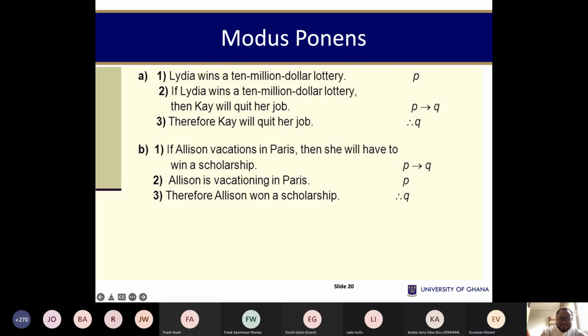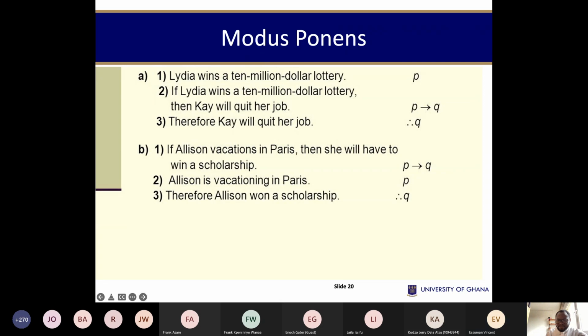And in the conditional statement, I said we have two parts, the antecedent and the consequent. Now, modus ponens is affirming the antecedent. I'm still on example B, so look at B. How do we affirm the antecedent? By just repeating the antecedent in the next line.